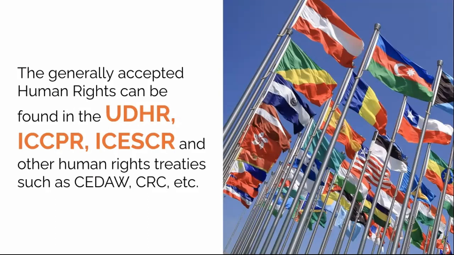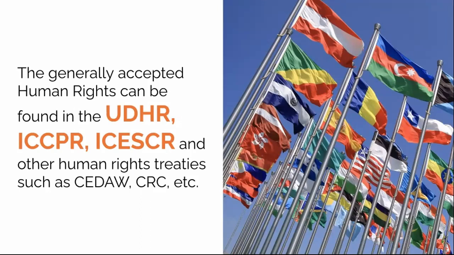But what both of these groups of people will agree on is that there are fundamental rights. And these can be found in the Universal Declaration of Human Rights, the International Covenant on Civil and Political Rights, and the International Covenant on Economic, Social, and Cultural Rights.